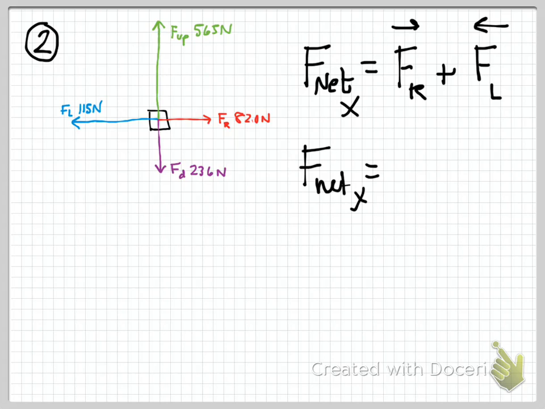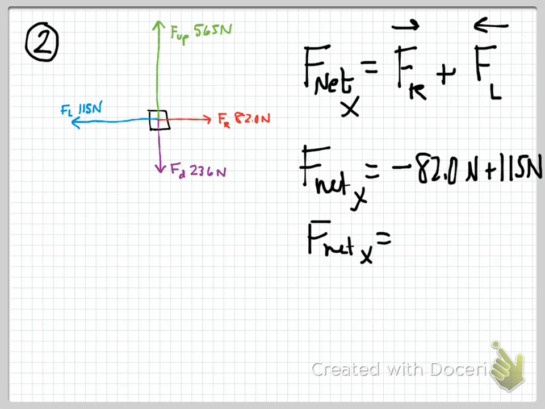So force right, which we've now assigned as negative, is negative 82.0 newtons plus 115 newtons. So the net force on the x is 33 newtons to the left.